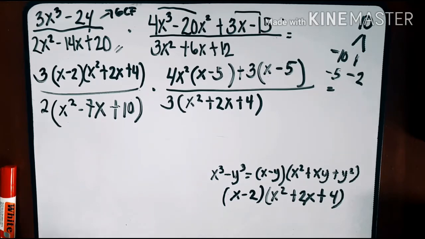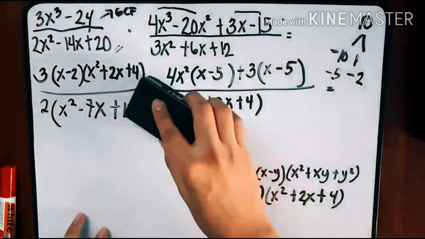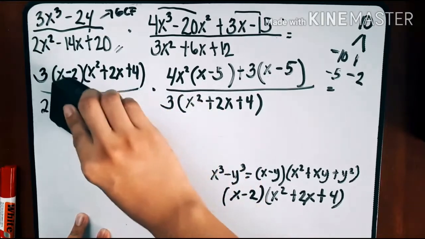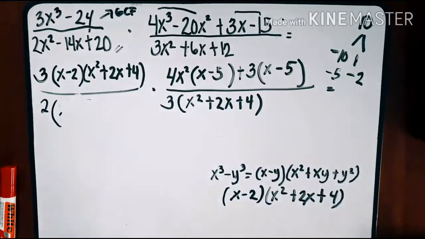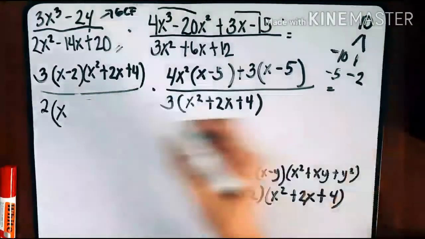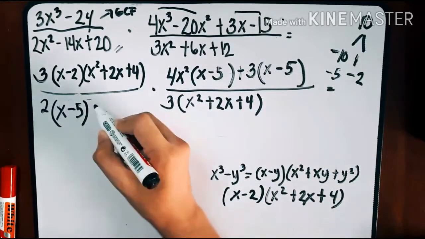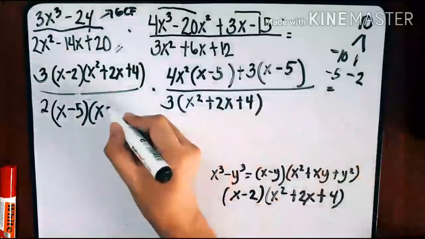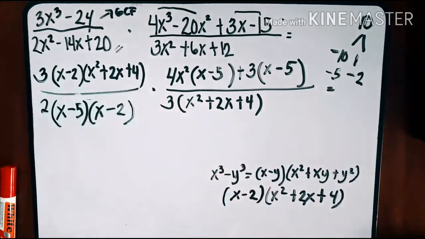So, we can replace this with x minus 5 and x minus 2. Okay? Since we've simplified all of them, we can now proceed to cancellation.